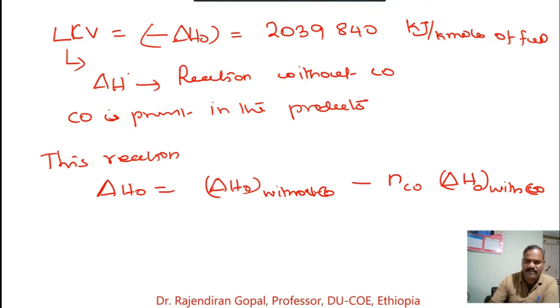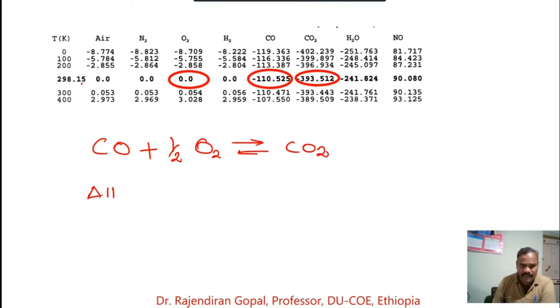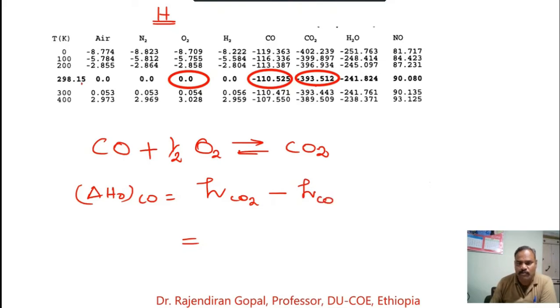For finding this, we go for the reaction CO plus half O2 producing CO2. So delta H naught of CO is equal to H of CO2 minus H of CO minus half into H of O2, where H is the absolute enthalpy.